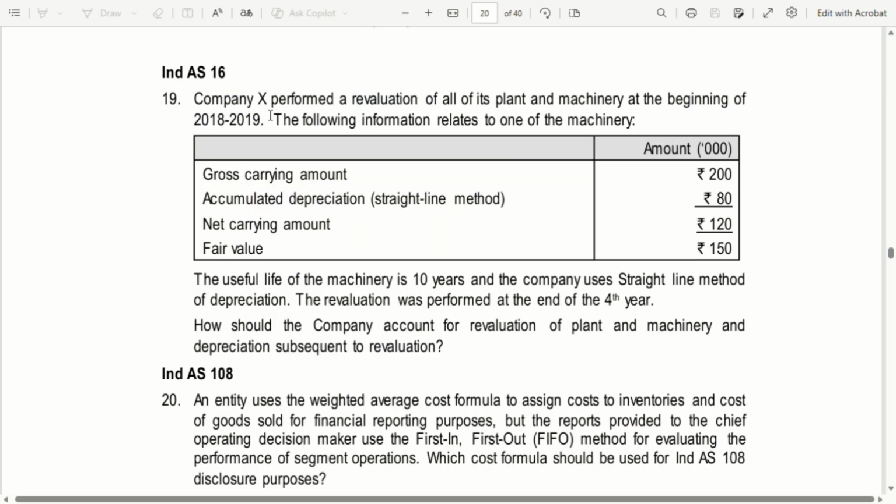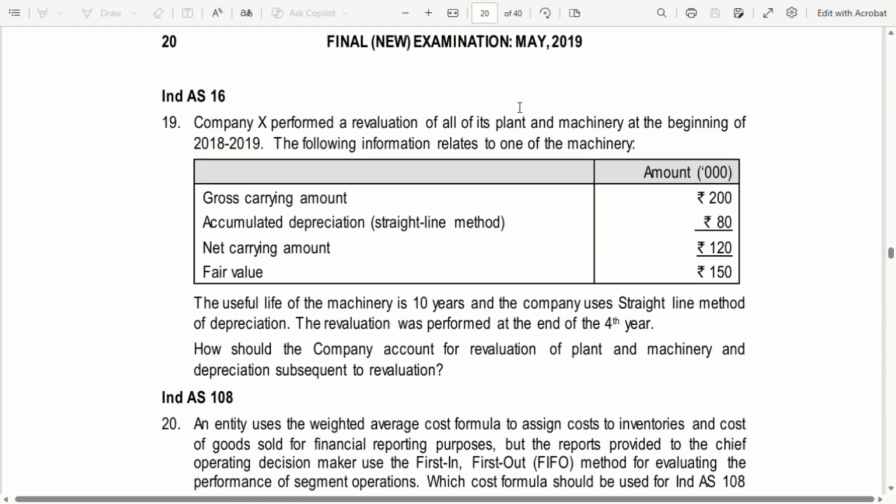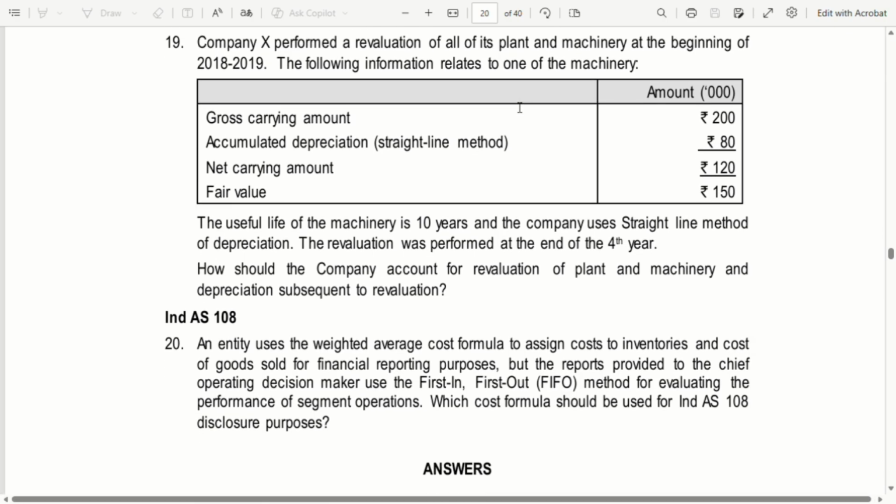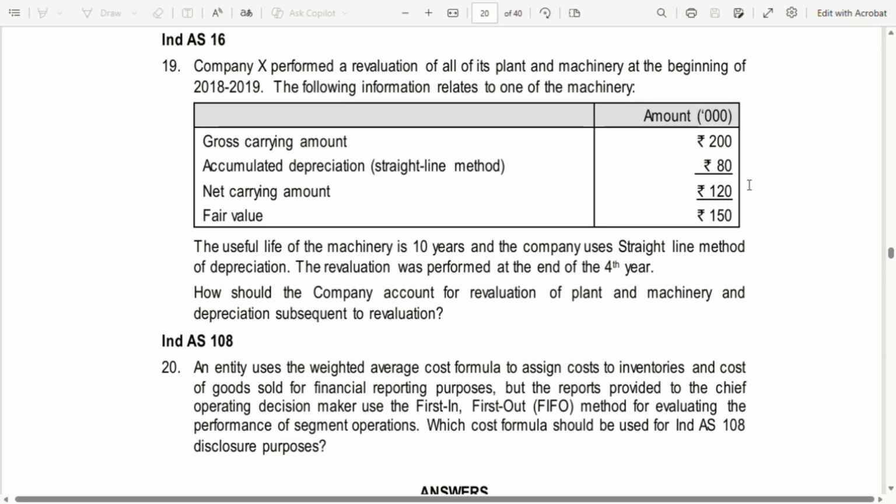Company X performed a revaluation of all its plant and machinery at the beginning of 2018-19. The following information relates to one of the years. So gross carrying amount is 200, accumulated depreciation is 80, net carrying amount is 120, fair value is 150.